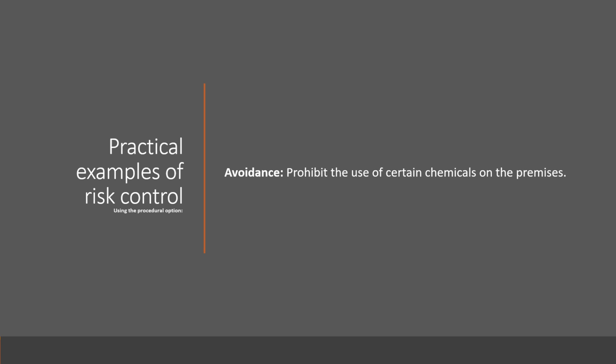Let us now look at some practical examples of risk control using the procedural option for avoidance, elimination, reduction, and transfer. In this case, avoidance would prohibit the use of certain chemicals on a premises. Elimination would be to include safe work procedures, eliminating unsafe acts.